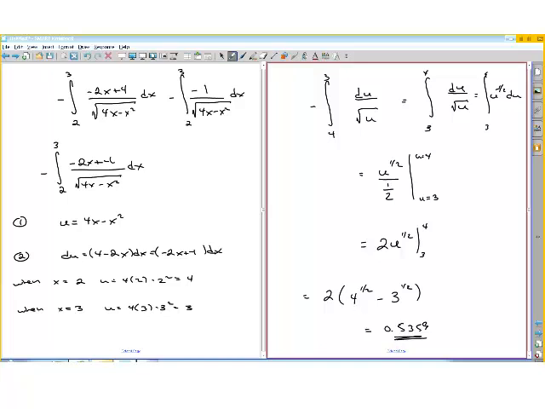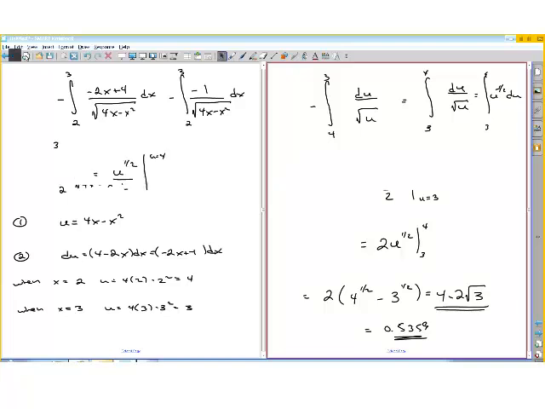Or you could say it's 2 times 2 is 4, minus 2 times the square root of 3. That'd be another way, if you didn't want to multiply it out. Just leave it.